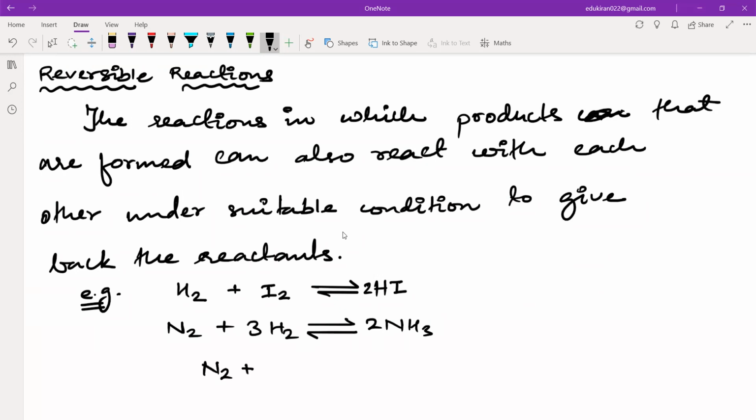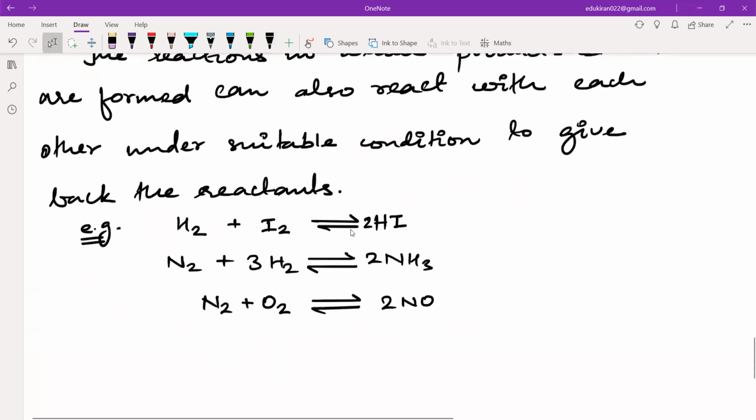Then you will have N2 plus O2, which will give you 2NO. You can also have 2NO2, which can dimerize and form N2O4.